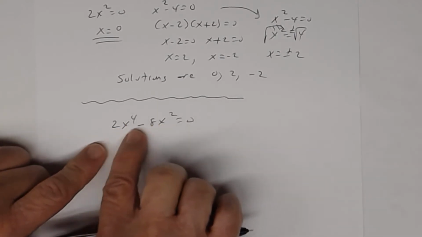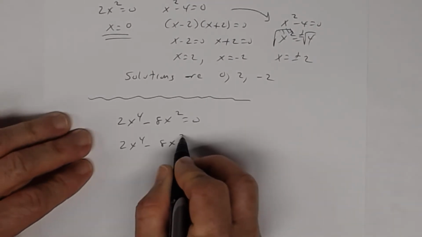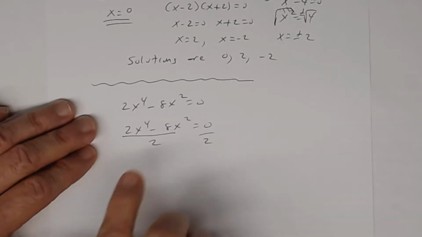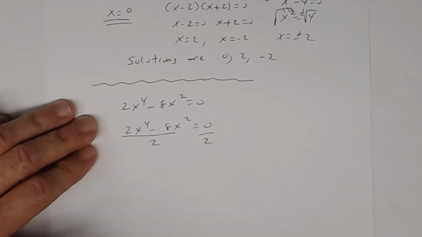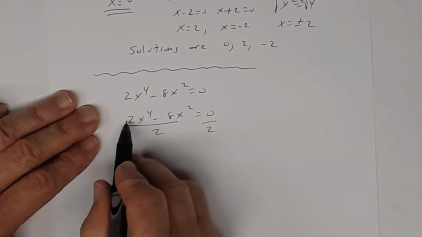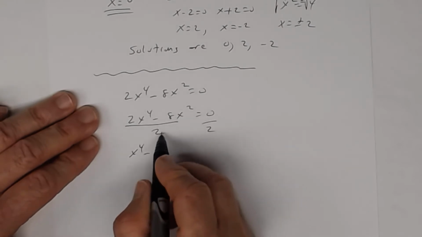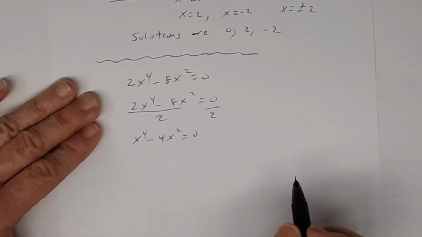If you want to, you could divide both sides by 2. You definitely can do that because both of these coefficients are divisible by 2 and 0 is divisible by 2. And so when you do that, 2x to the fourth divided by 2 is x to the fourth, and then 8x squared divided by 2 is 4x squared equals 0, because 0 divided by 2 is 0.